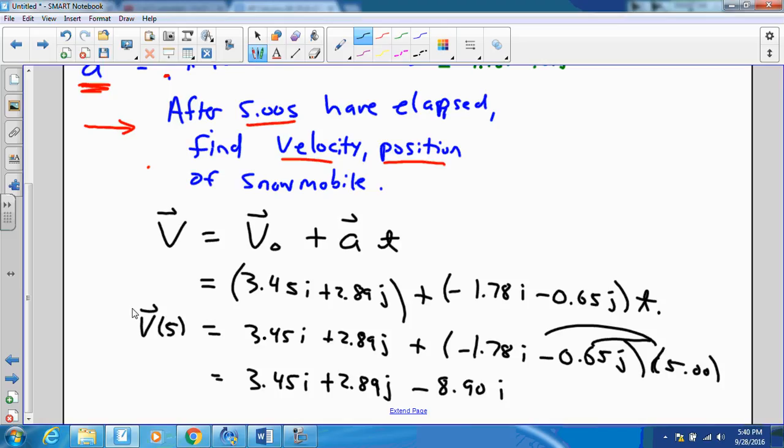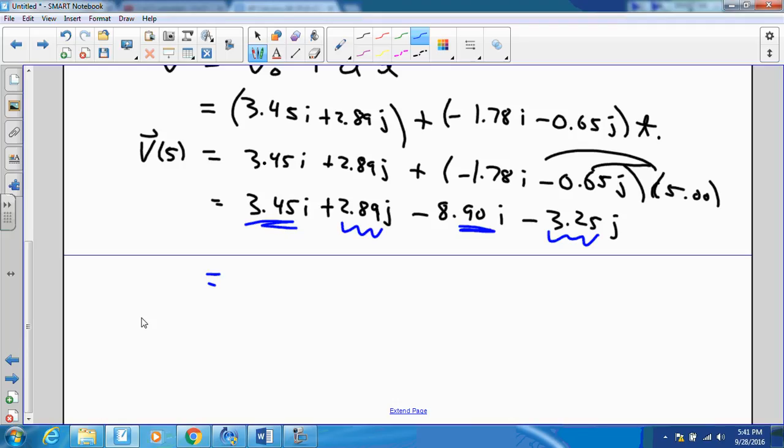And this is going to be minus 8.90i and minus 3.2j. And now it's a simple matter of collecting all of the i terms and all of the j terms.